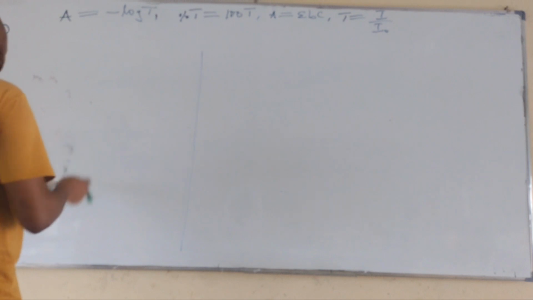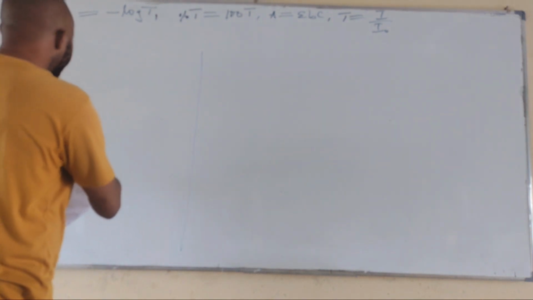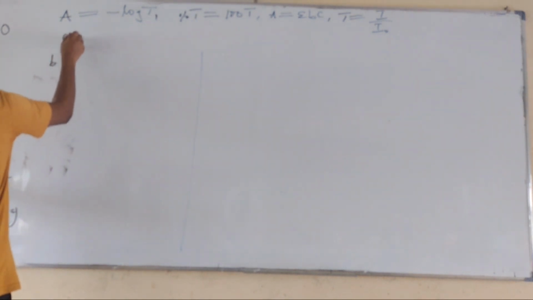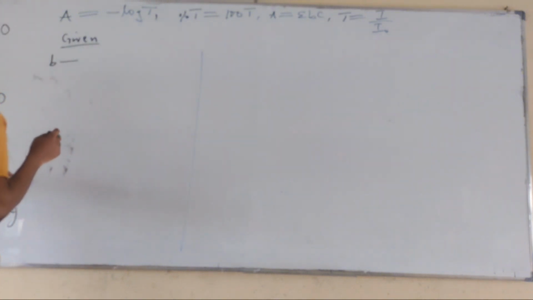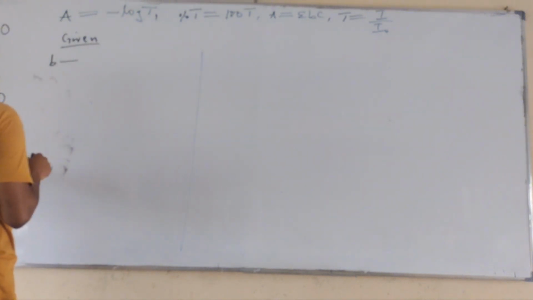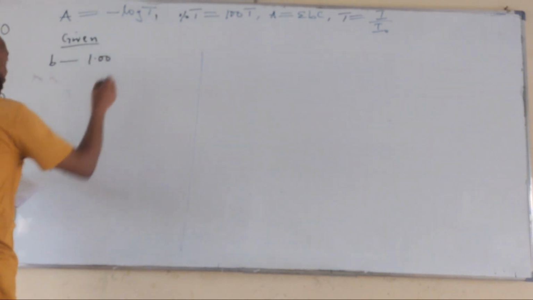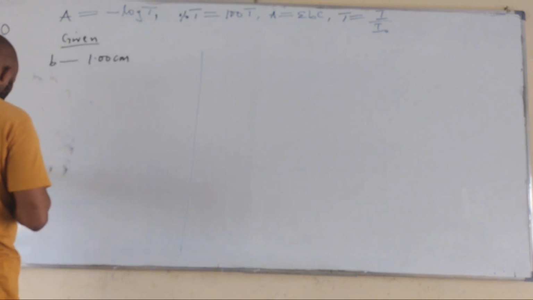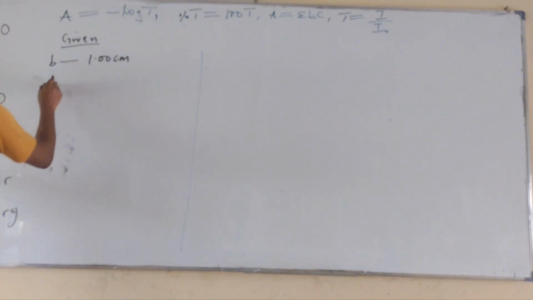It says that the measured absorbance of a solution with a path length, which is B, so these are the variables given. The measured absorbance of the solution with a path length of 1.00 cm is 0.544. That is absorbance.